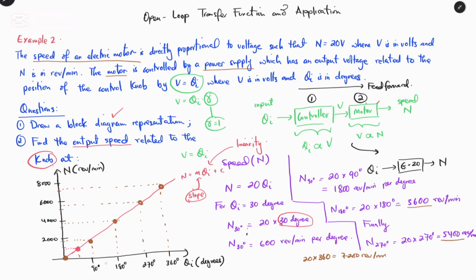For example, if we want to find at 120, you will still come up with this point here, which will correspond to the value of the speed on the vertical axis. So every point on this line, which has a linearity property, will still lie exactly along the straight line graph.